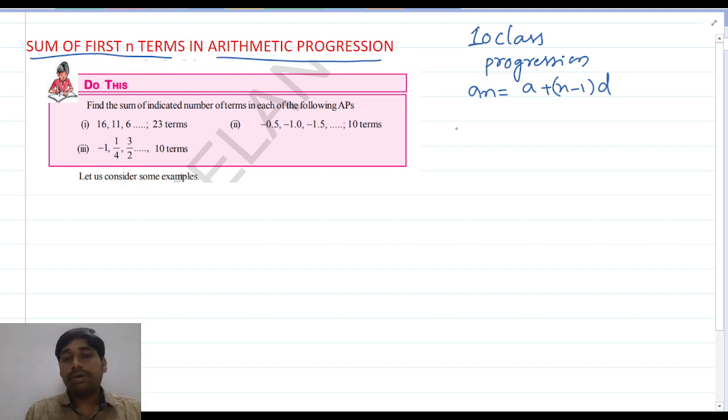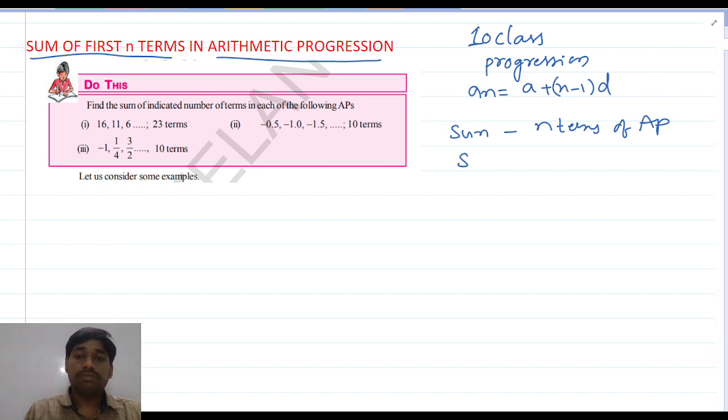So, sum of n terms of AP, how to find it? It's a formula we derived already. If you have not seen it, please go through part 1 of progression, in which I discussed the types of progressions.